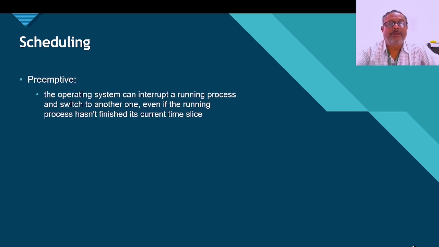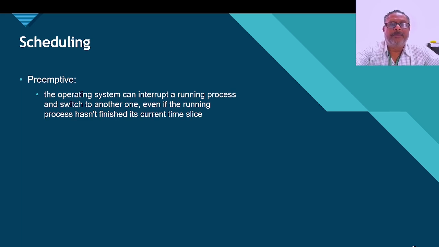So let's look at what preemptive scheduling is. In preemptive scheduling, the operating system can interrupt a running process and switch to another one. Yes, that's what we mean by preemptive scheduling. That is, the operating system can say, "Stop, your turn is over. Now let's give a chance to some other process." Here, it's not necessary that the process should have completed its work. Even if it is not completed, it can stop.